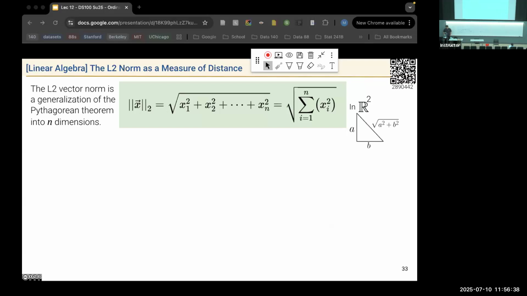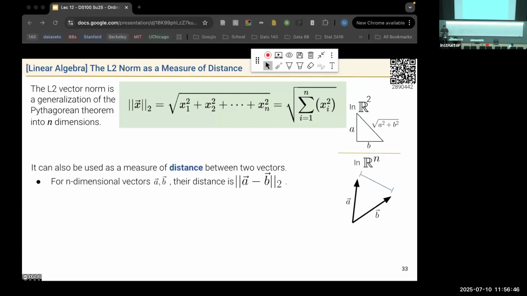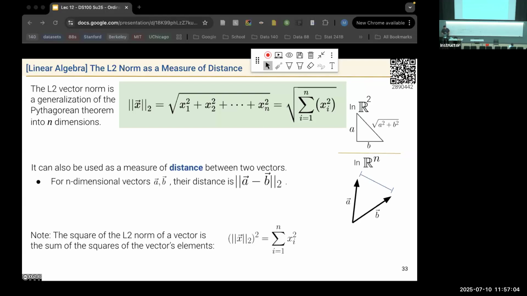If we have two vectors, we can use the L2 norm to calculate the distance between them. If you have vectors A and B, then the distance between A and B is just the L2 norm of A minus B. When you subtract two vectors, you get a vector. You take the norm of that, you get a number, and that number is the distance between the two vectors.